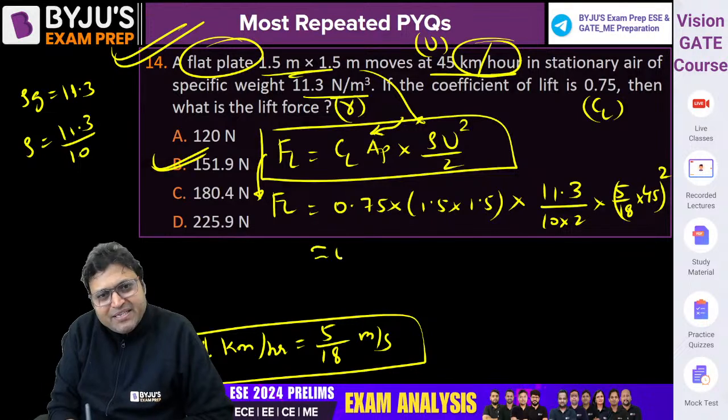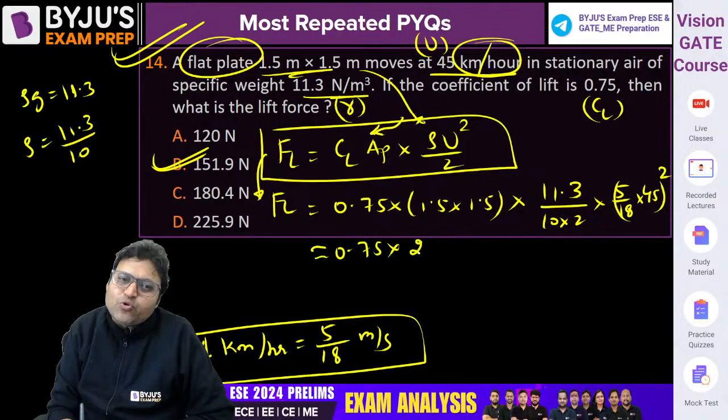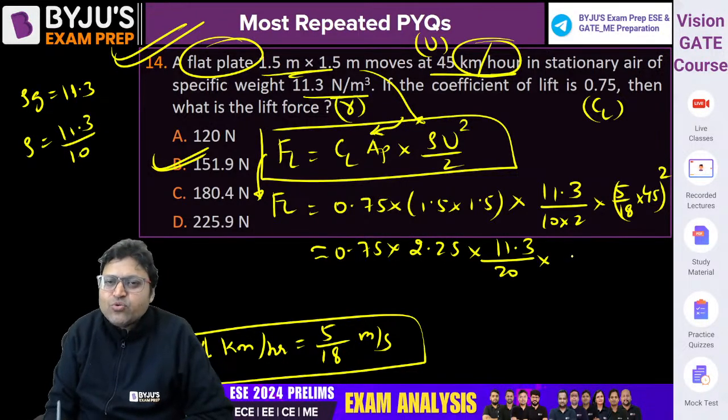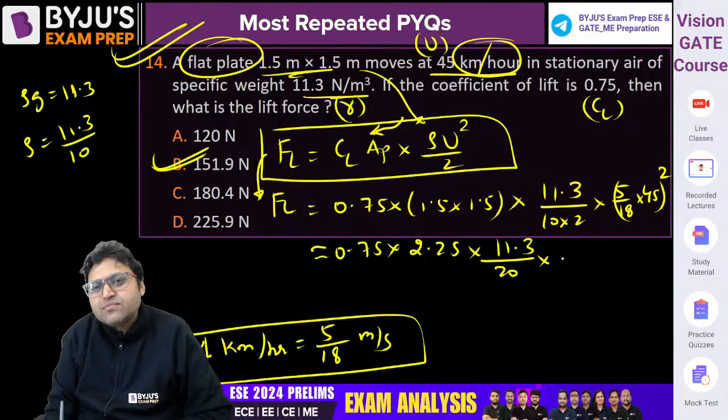So it will be 0.75 into 2.25 into 11.3 divided by 20 into how much is that? Twenty-five by 2.